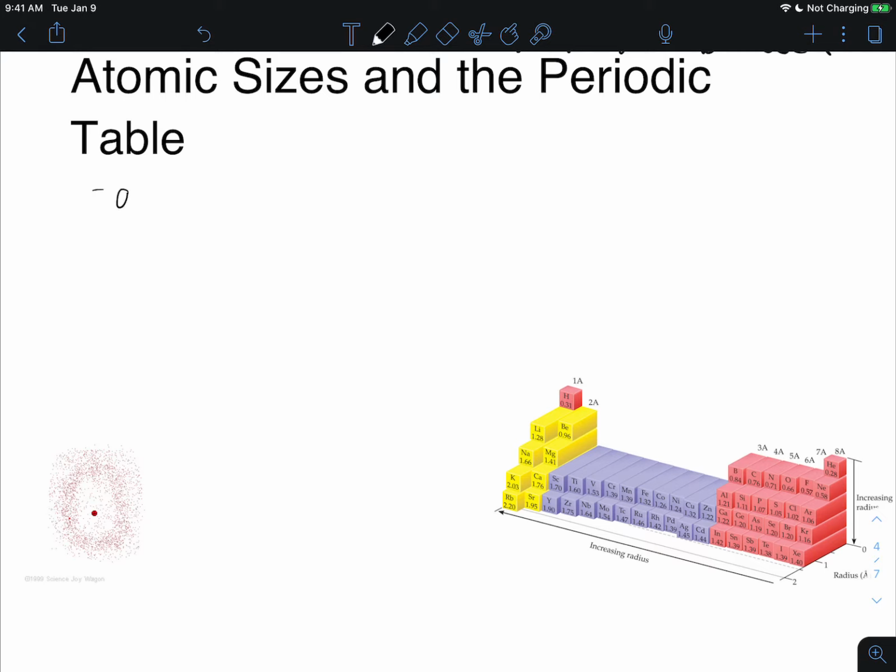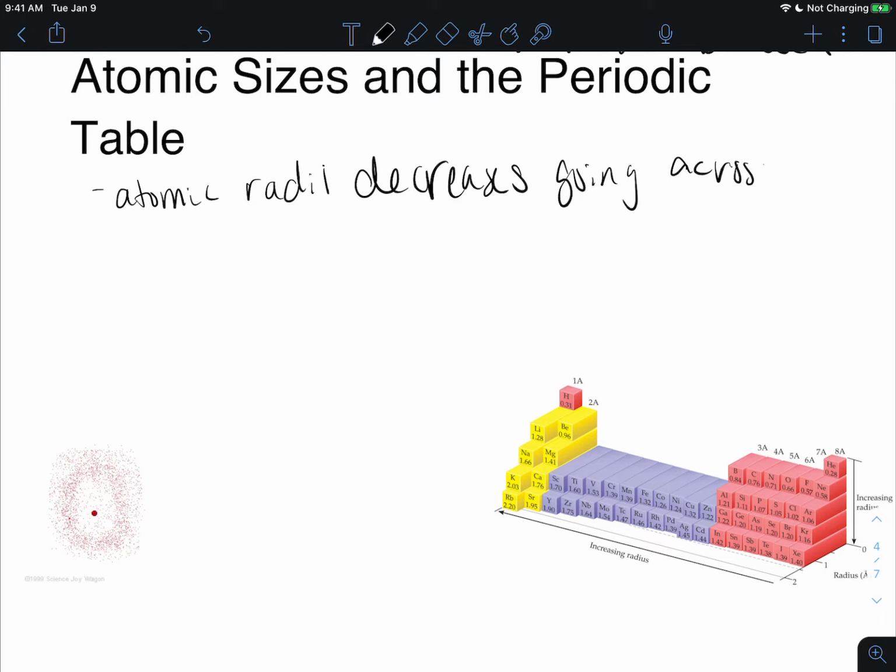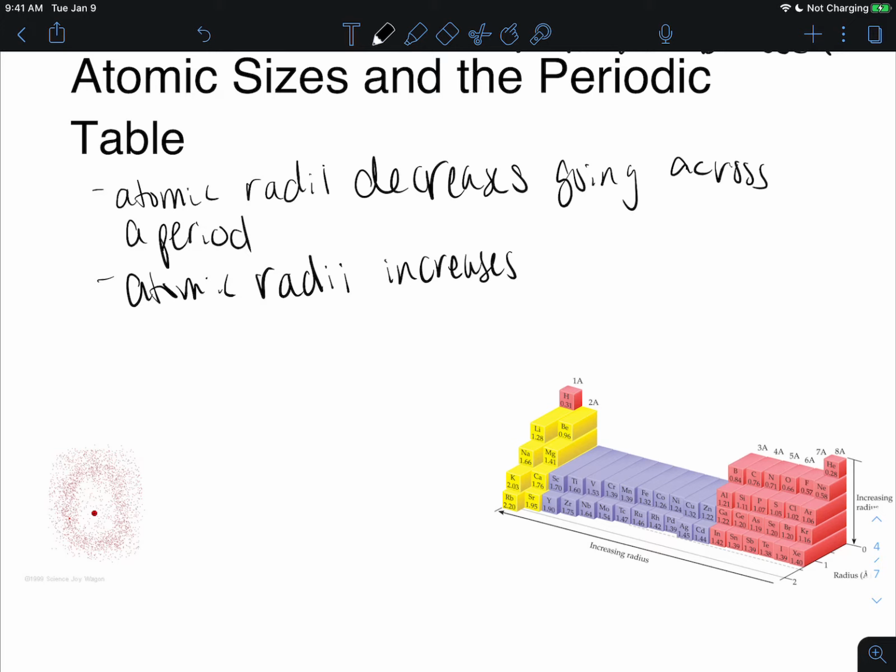So atomic size, or atomic radii, decreases going across a period. And then it is also going to increase going down a group.